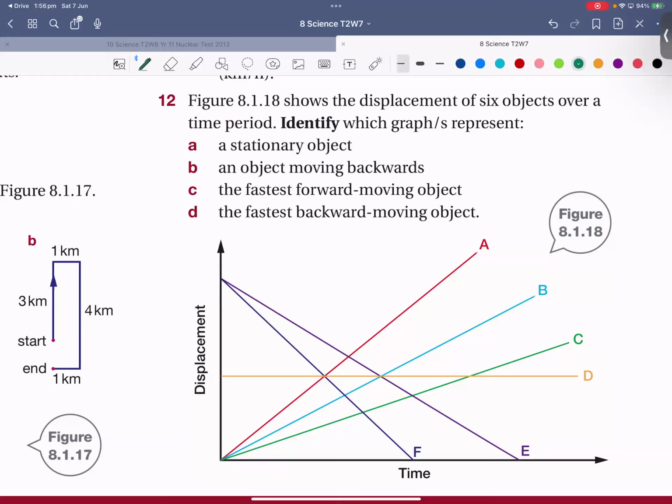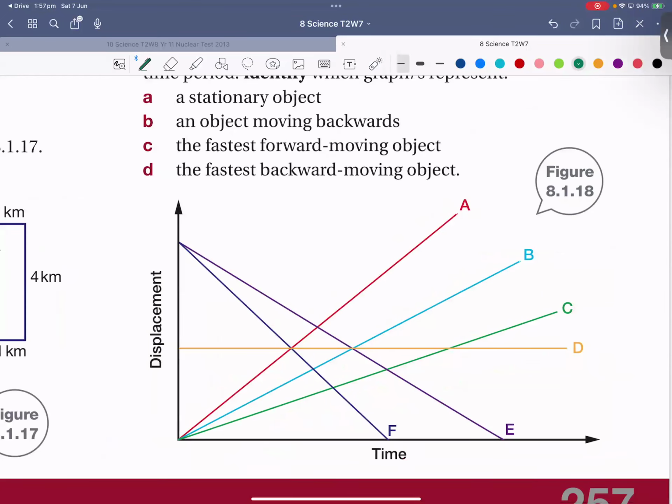Stationary means that nothing is changing as time goes on. Okay, what do we reckon? It's D? I think the movement is constant. What is the answer to A?